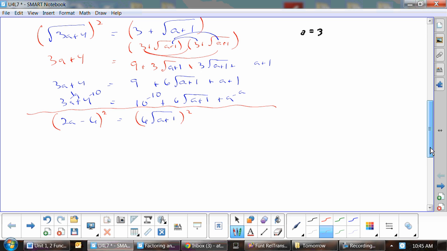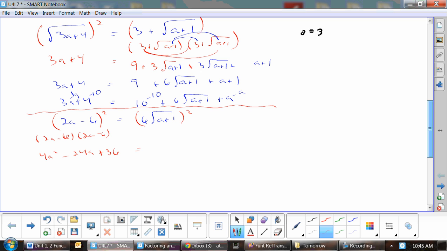So this one would be, remember, (2a minus 6) times (2a minus 6). Okay? So that is 4a squared minus 12a minus 12a is minus 24a. And then minus 6 times minus 6 is plus 36.